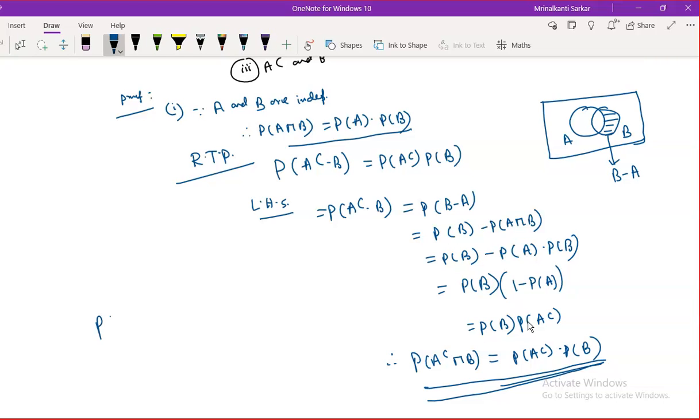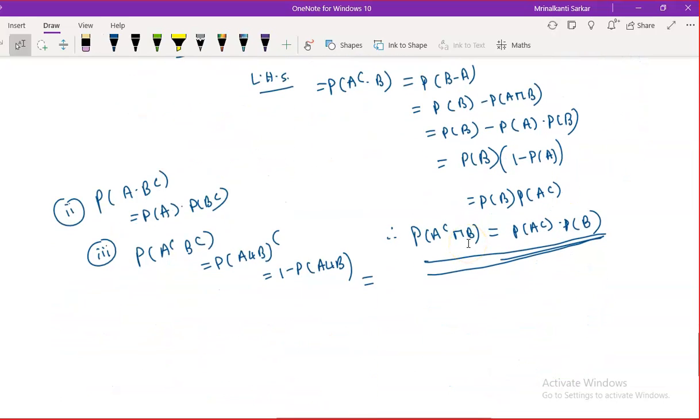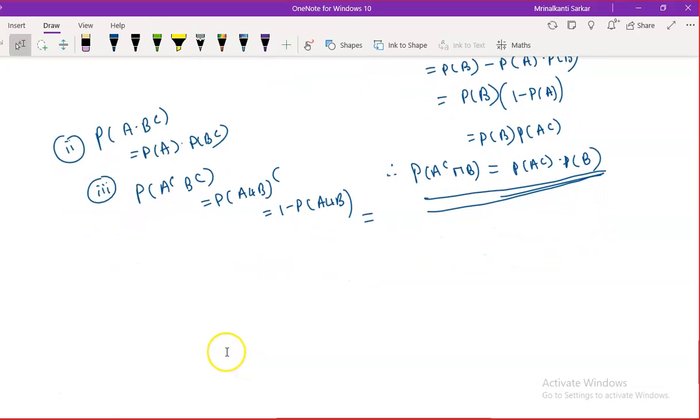Similarly, you can prove that P(A intersection B complement) equals P(A) into P(B complement), with a similar proof. You must try. And for the third one, I am giving you the clue, but you must try yourself. By using De Morgan's law, you will write this one as 1 minus P(A union B), then you will try to prove it, and you must show your calculation tomorrow. This proof is expected in the exam. I tell you the proof.